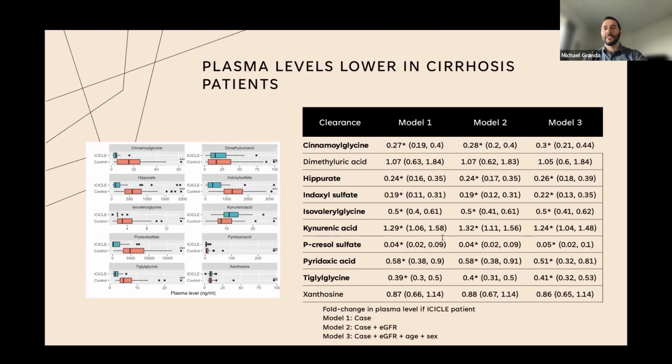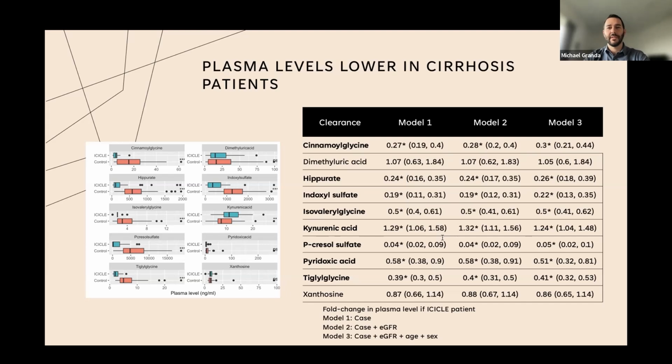So first looking at the plasma levels, we saw a drastic difference in plasma levels of many uremic solutes when we compare all Icicle patients to all controls. Mimicking the LIN study, both indoxyl sulfate and p-cresol sulfate were drastically reduced in the liver patients.